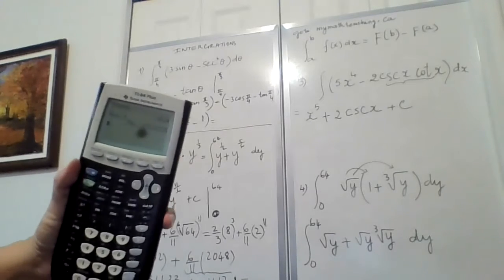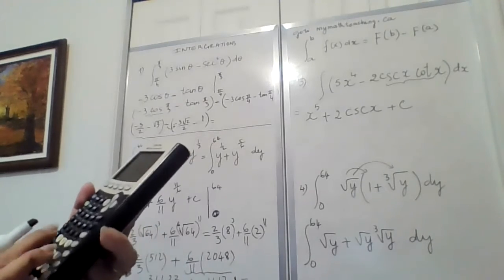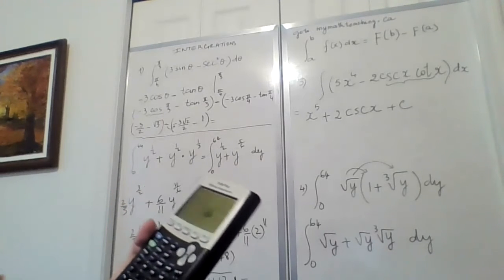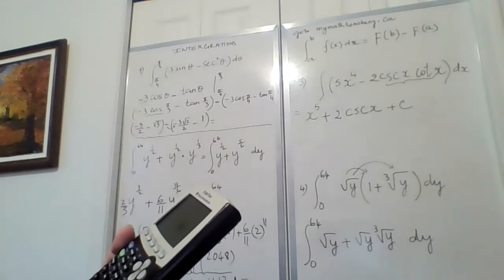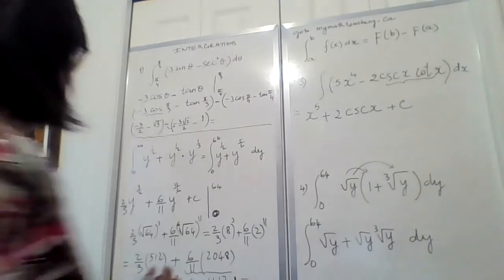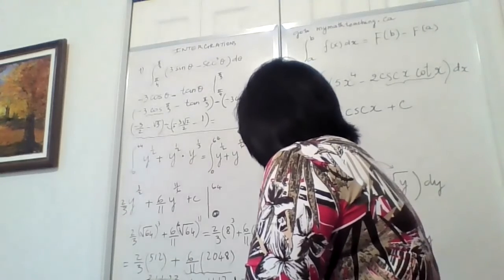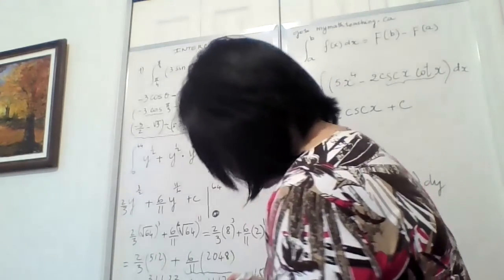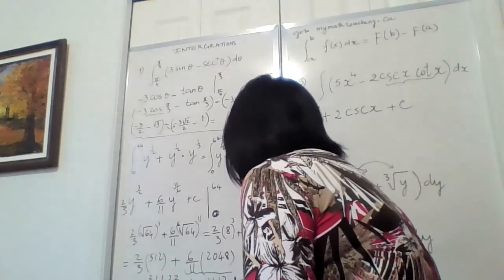So the whole thing, we're adding with 1117.1, will give us 1458.43. So the answer is 1458.43. So that is a decimal answer. We have to cut off the rest.